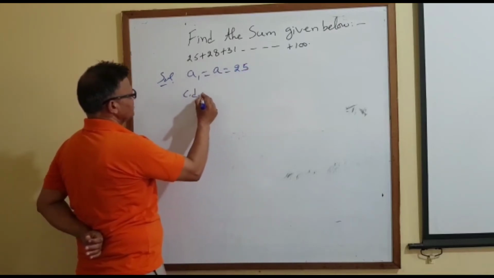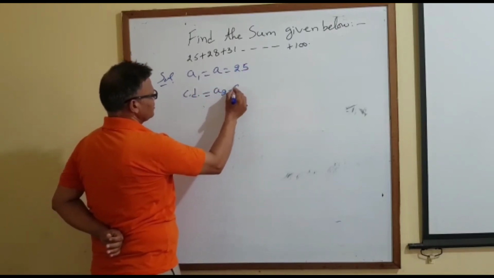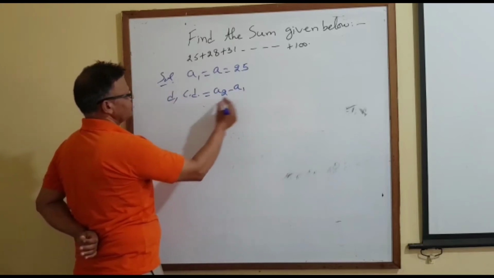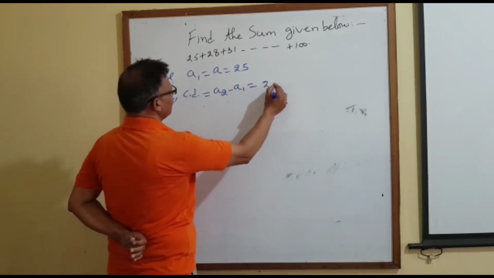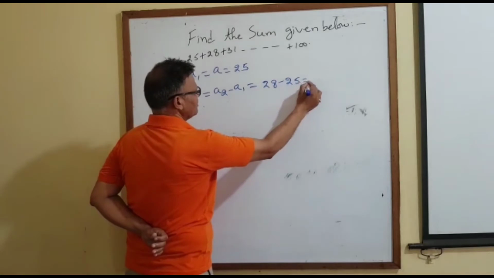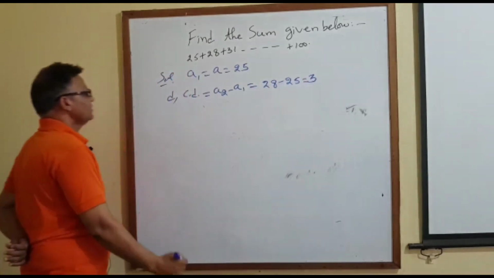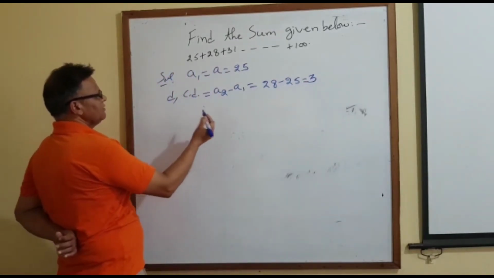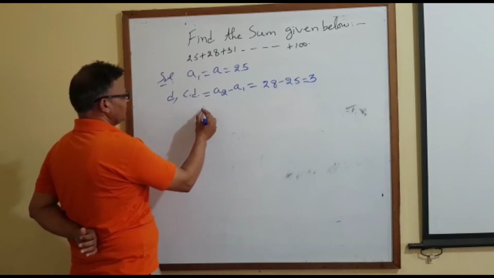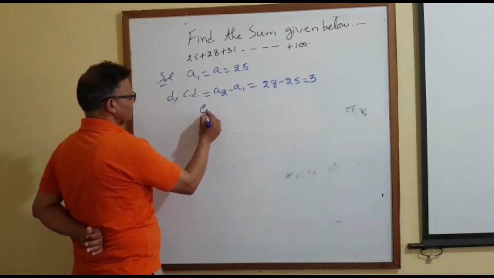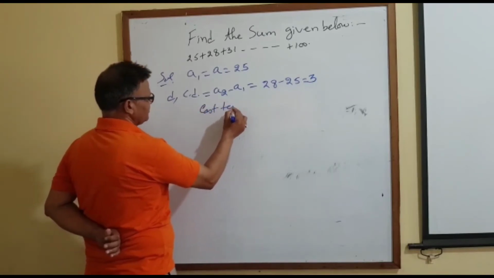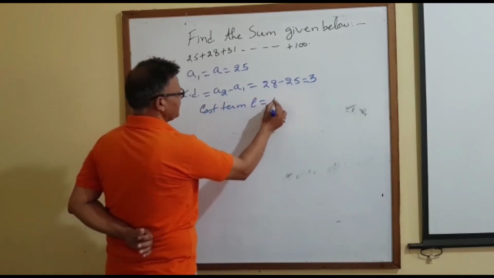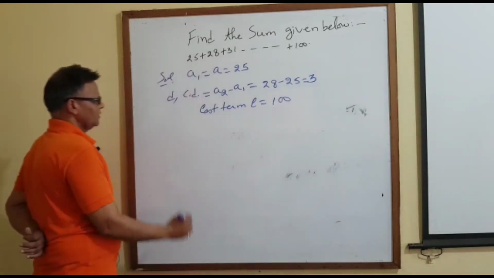Next the common difference, that is a2 minus a1, 28 minus 25 is equal to 3. Now here we are given the last term, L is equal to 100.